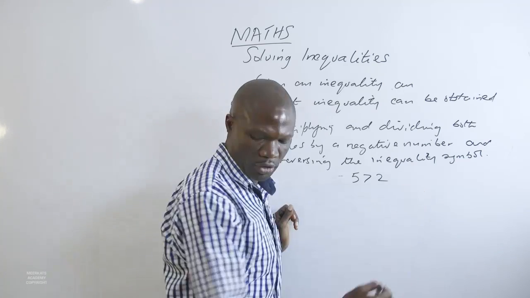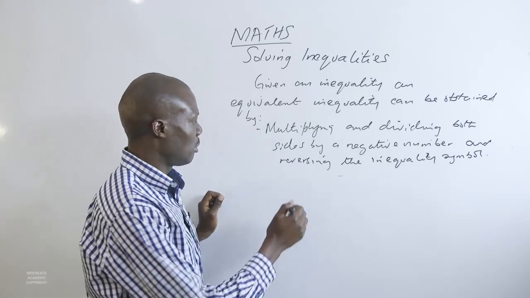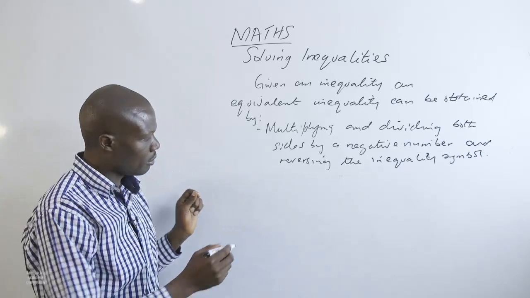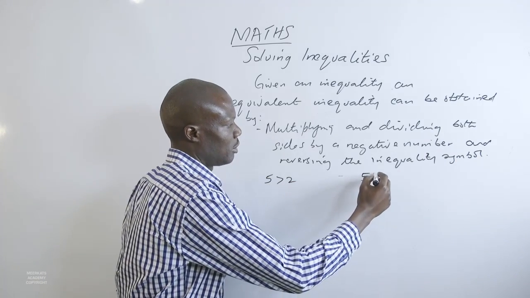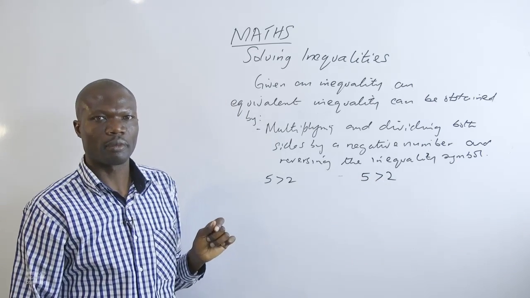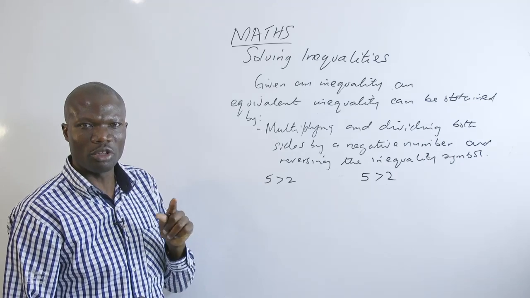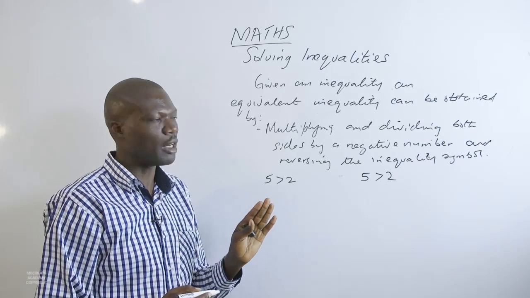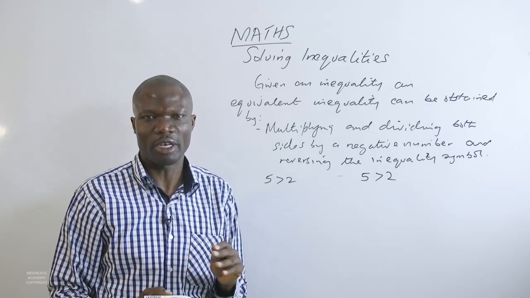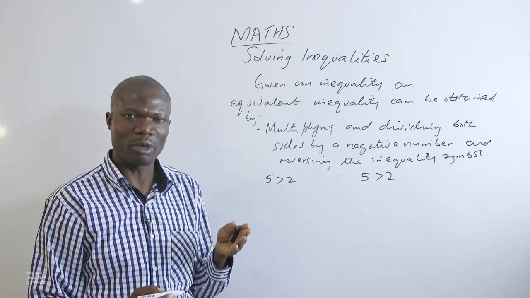Let us have also 5 is greater than 2. Now, we want to divide both sides, one side by a positive number, another side by a negative number, and also multiply one side by a negative number, another side by a positive number.